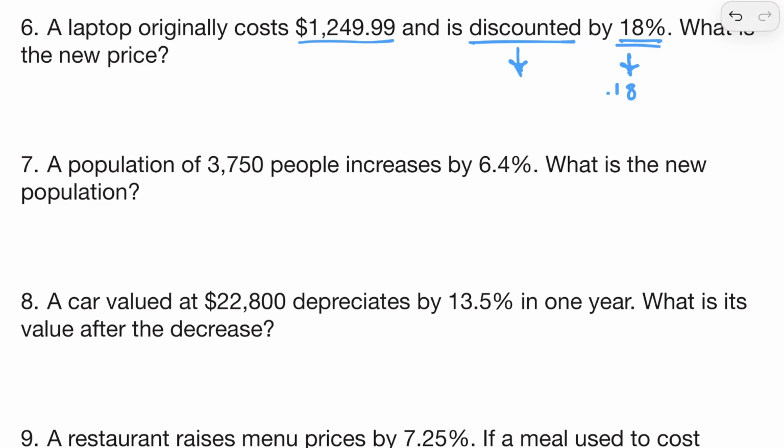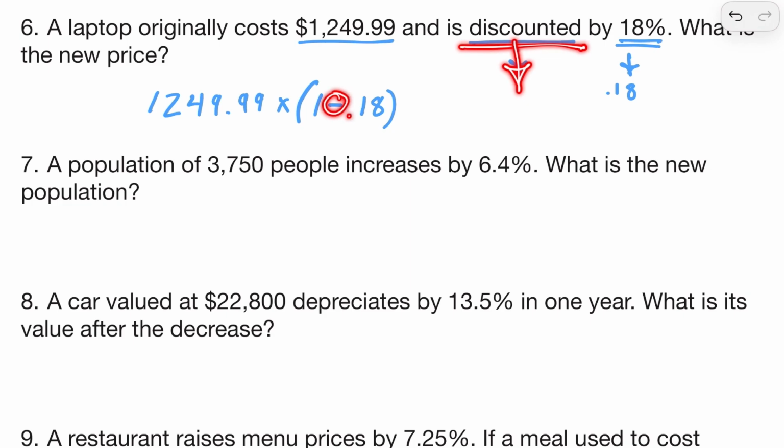It's going to go down 18%. So the way that we want to think about this is we're going to take the original price, $1,249.99, and we're going to multiply this by 1 minus 0.18. If it stayed the same price, we'd multiply by 1, because 1 times anything is itself. But because it's discounted or decreased, we're going to subtract off in decimal form this 0.18.